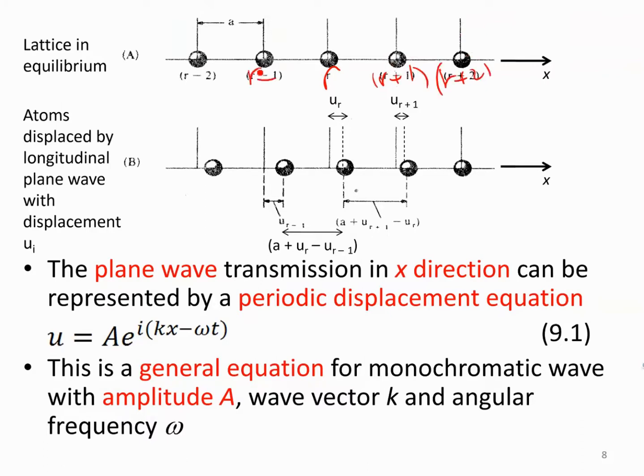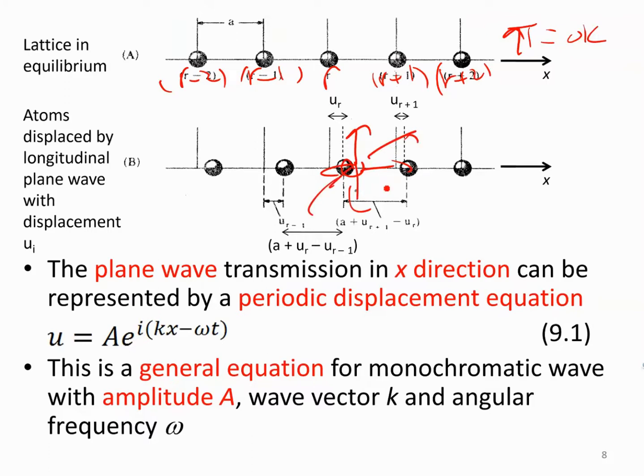The previous one R-1, and the previous two R-2. This is the equilibrium state at temperature equal to 0K. When you increase the temperature, we find that the atoms are actually vibrating along X, Y, and Z directions, three directions.